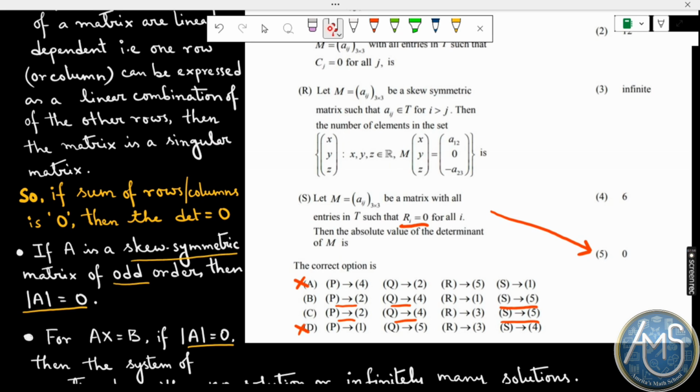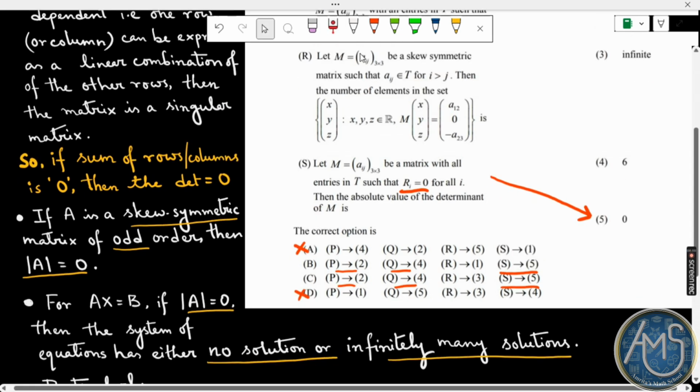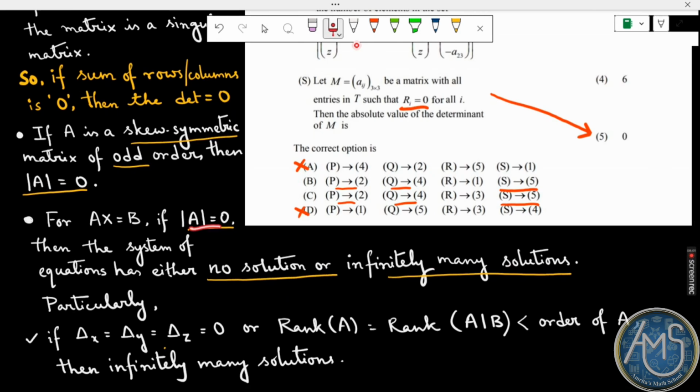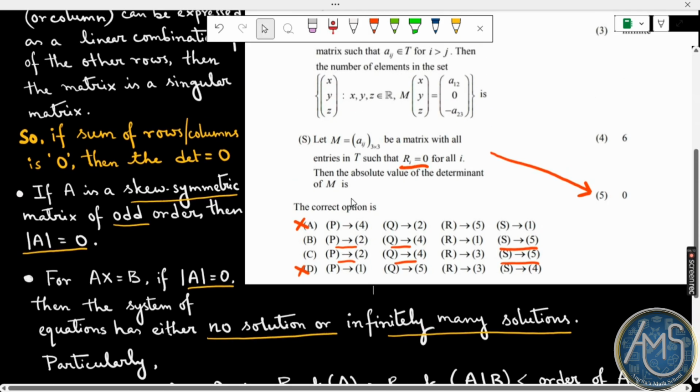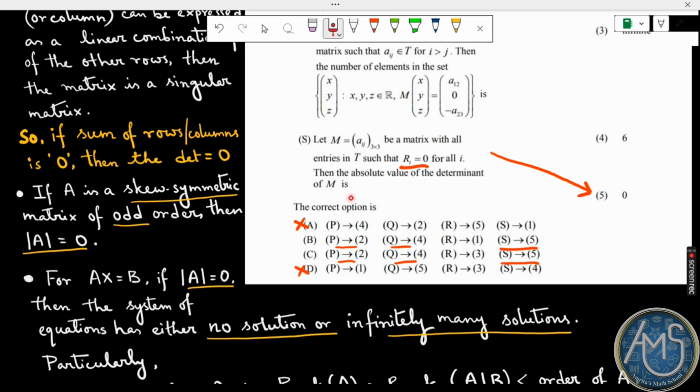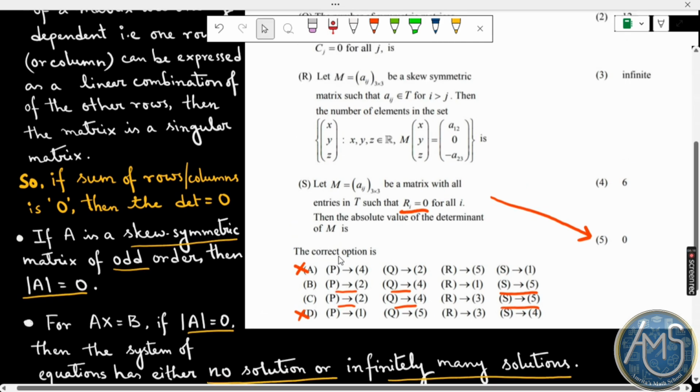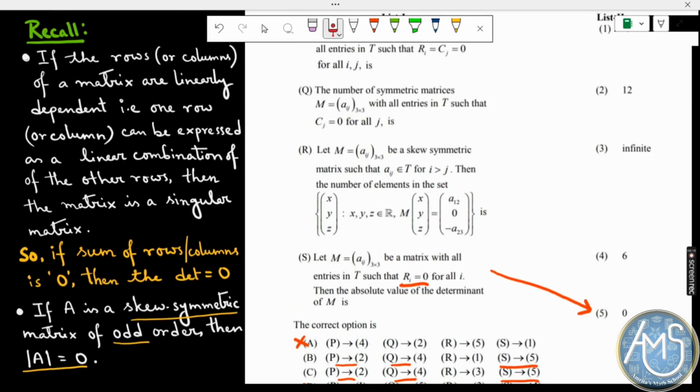So if determinant of M is 0, then from this recall, we can say that the system of equations has either no solution or infinitely many solutions. Here already S is 0 and there is no other option left, so it must be infinitely many solutions.